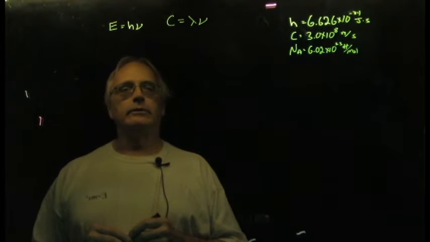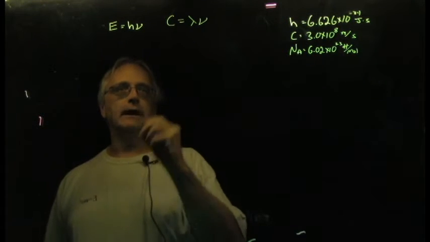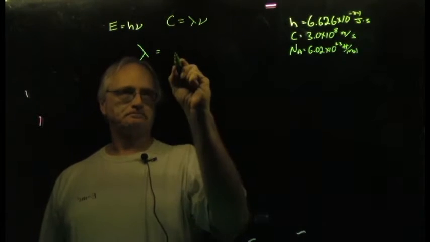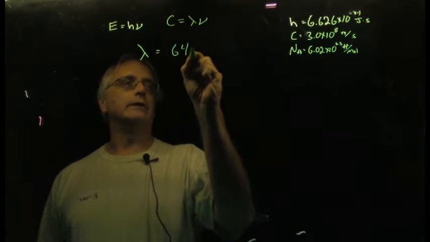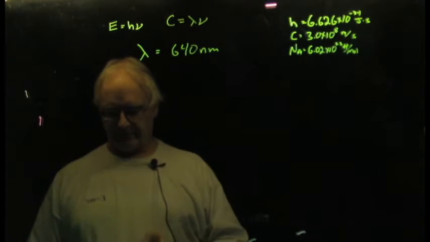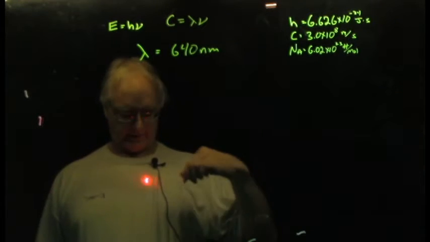So what I'm going to do is an example calculation involving light. It would have a wavelength of 640 nanometers. And I chose that simply because that's the wavelength of light here on a standard laser pointer.